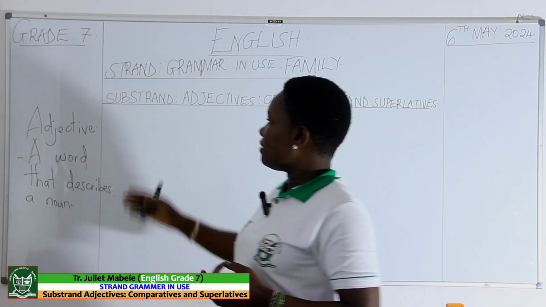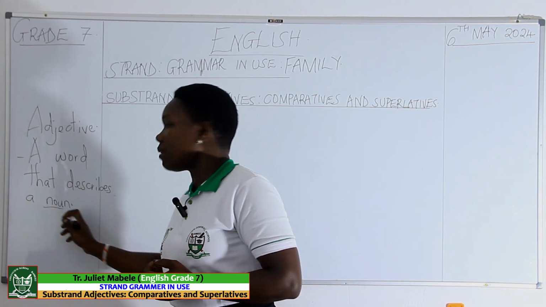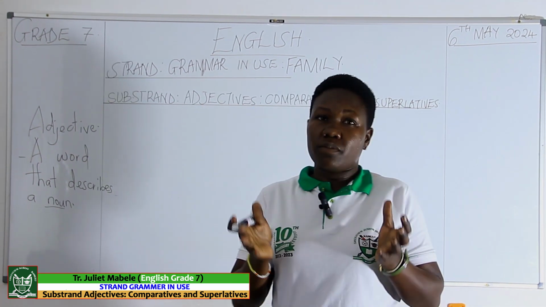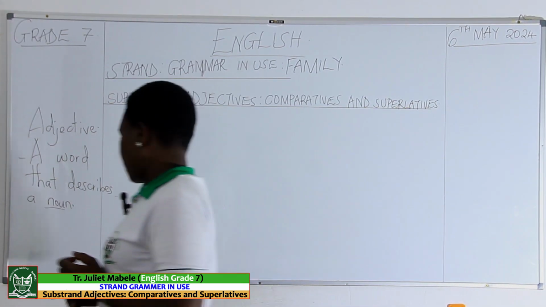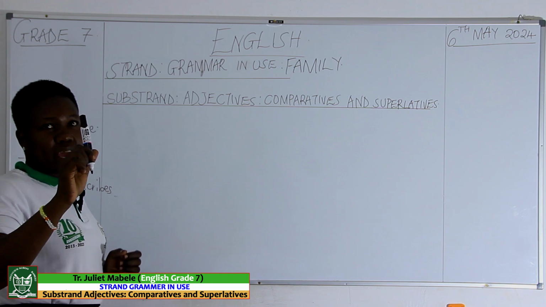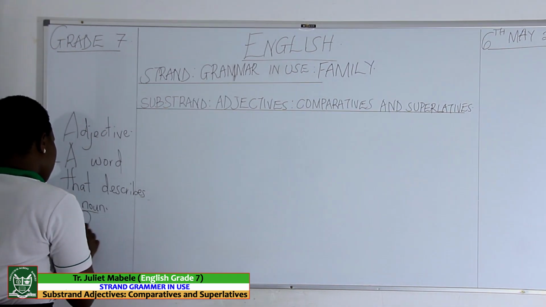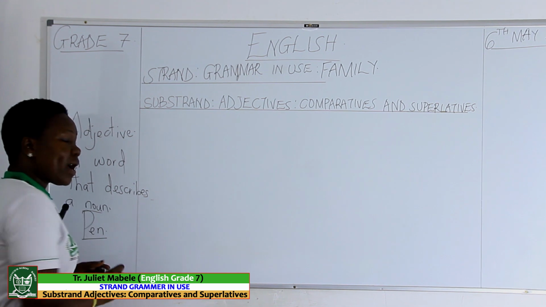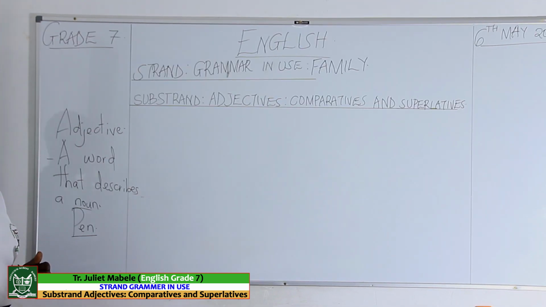Now, when you say that an adjective is a word that describes a noun, it might describe this noun in terms of color, size, or even shape. For example, I have this pen here. The word pen is the noun. Now I want us to describe this pen.